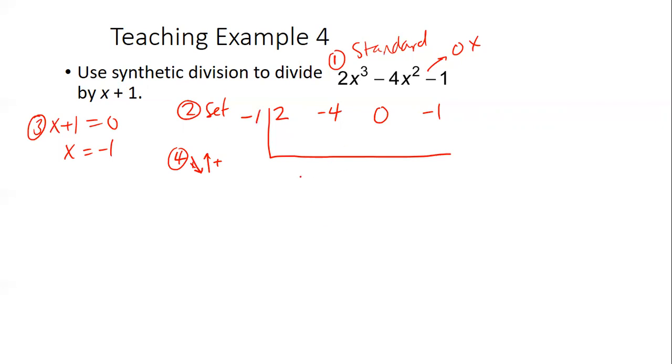To get the engines going, we bring down our first coefficient. And now we're going to begin multiplying. -1 times 2 is -2. That's the product. Agree? Now we're going to add -4 plus -2.